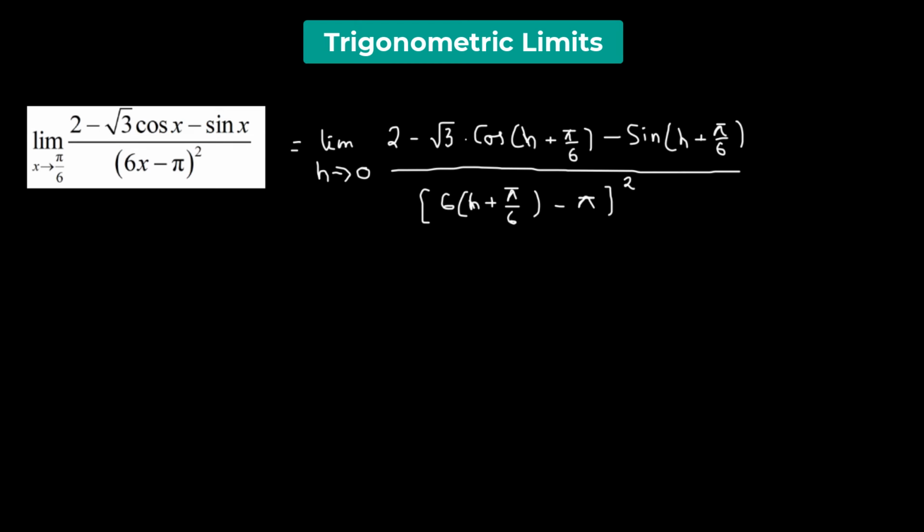We're going to expand cosine of h plus pi over 6 and sine of h plus pi over 6 using the identity for cosine of a plus b and sine of a plus b.